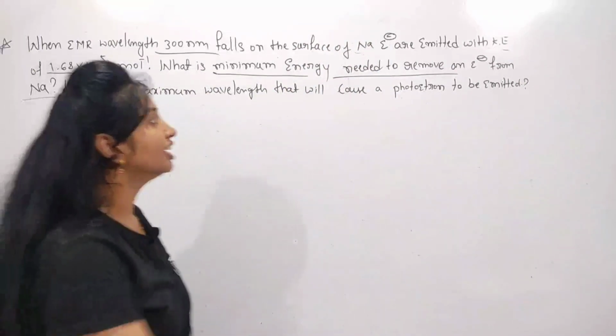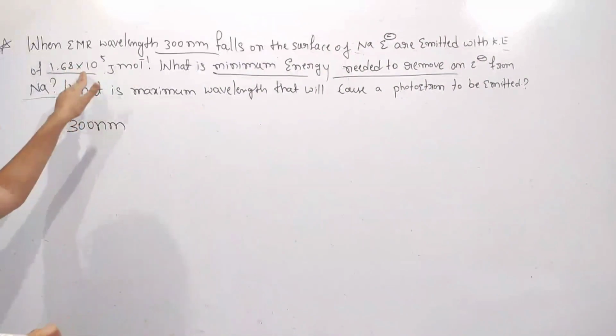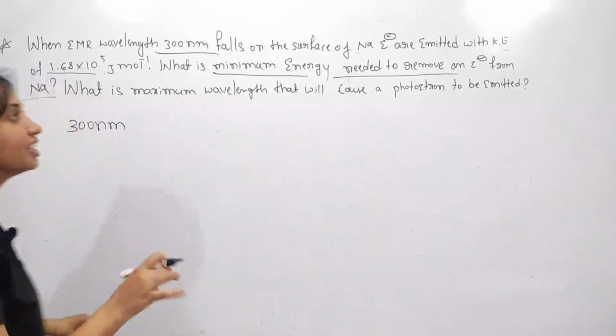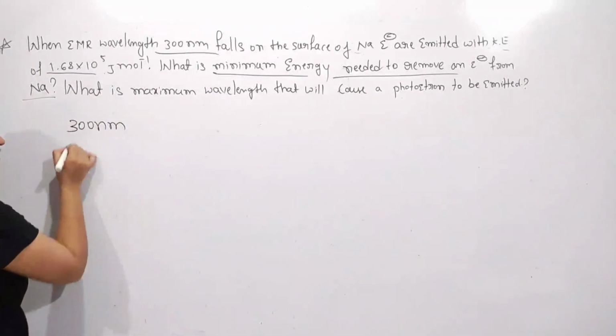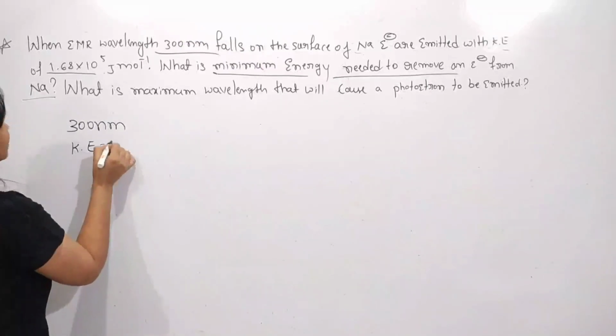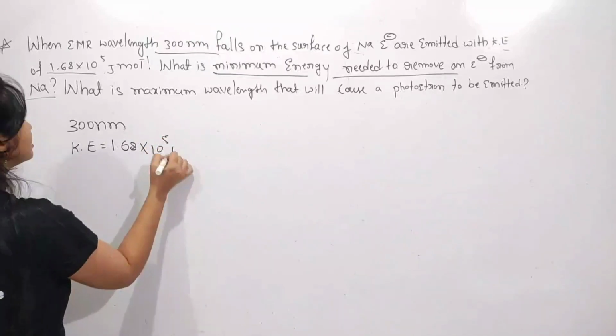Then the electrons are emitted with a kinetic energy of 1.68 into 10 raised to 5 joule per mole. They give us only the kinetic energy of the electron, that is 1.68 into 10 raised to 5 joule per mole.